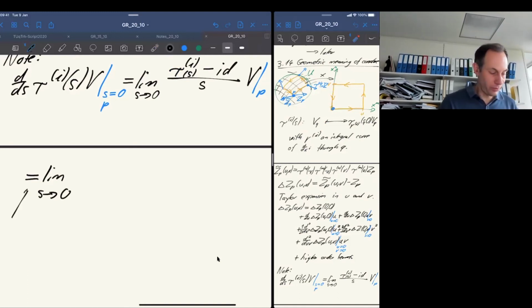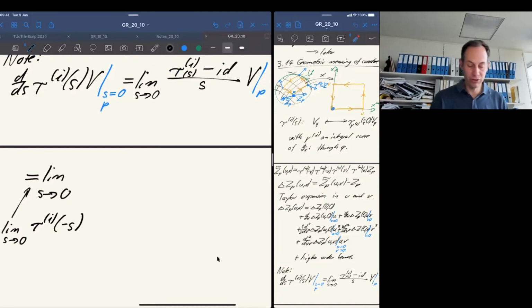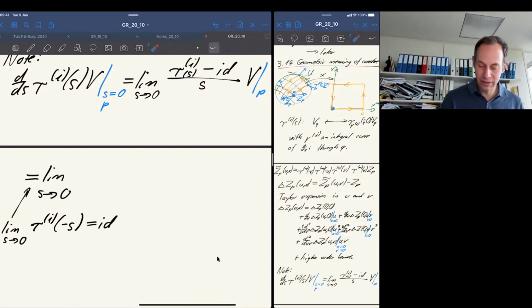And of course, what we know is that if I take the limit of s to 0 of tau inverse, so what's the inverse of tau? It's just moving in the minus s direction. But if I look at this in the limit where s goes to 0, I also get the identity. So I can always multiply everything by this, because that's just multiplying with the identity. So what I get is the following.